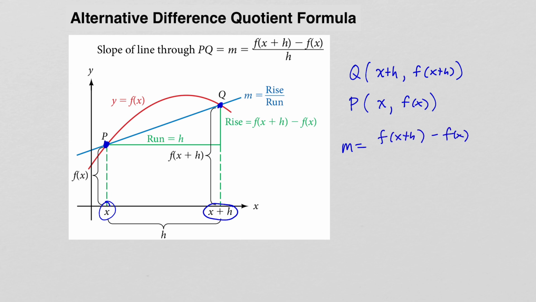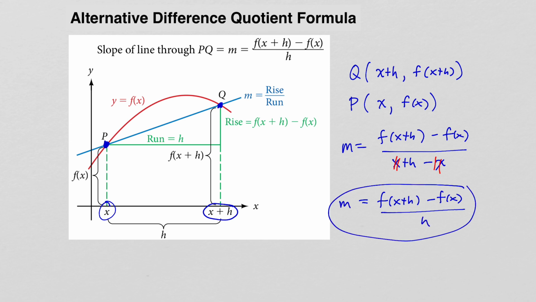So again, just subtracting the y values here, and then divided by x plus h minus x. And these x's here cancel out, and you end up getting f of x plus h minus f of x all divided by h. And this is the alternative difference quotient formula, which you see right here.